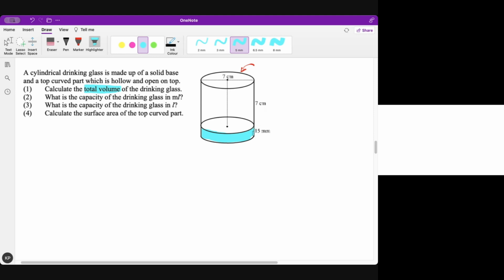Now I'm going to be warning you quickly here. What's the trick here, guys, when calculating the volume of this glass? I want to know how much liquid I can fill into this glass. What's the trick here? There is a trick. I want to see if you guys can see what it is. What's the trick?